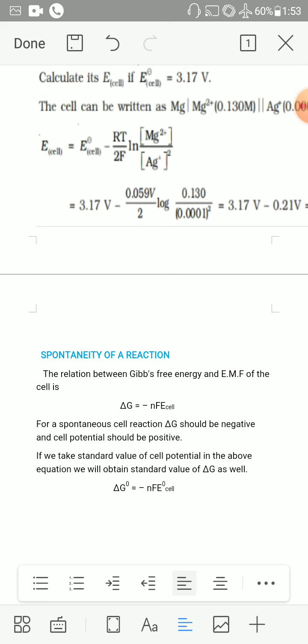By this equation you can find out whether a cell reaction is spontaneous or non-spontaneous. That's why you have to first calculate the E cell value, the cell potential. Then using this formula, you have to calculate the value of delta G, that is the Gibbs free energy. If the value of Gibbs free energy becomes negative, then the cell reaction is spontaneous.